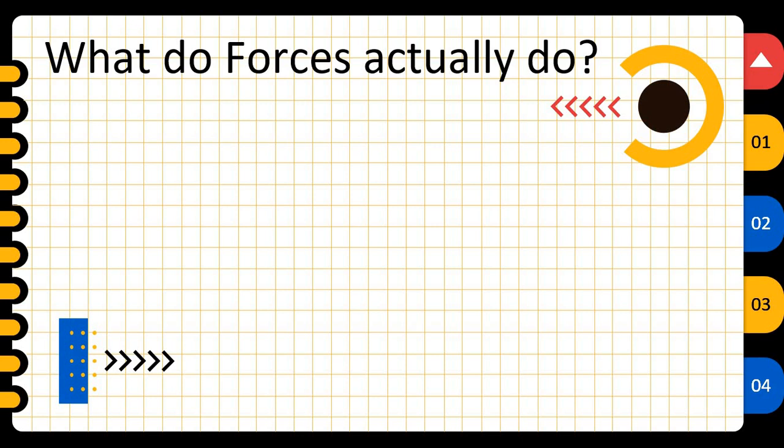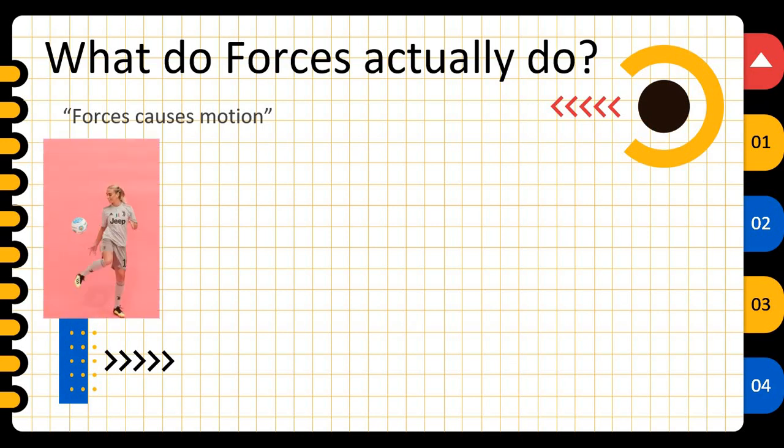In junior high school, we're accustomed to the idea that force is defined as a push or a pull, which means that the basic connotation is that forces cause motion, just like what this woman would do. The woman kicked the ball, and in effect the ball bounces. So yeah, forces do cause motion.